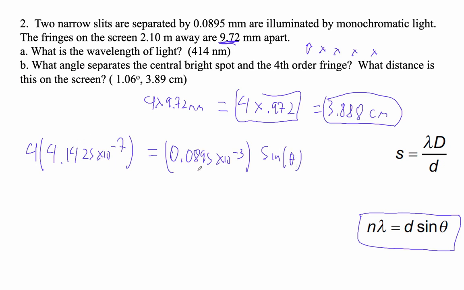So 4 times that guy divided by 0.0895 times 10 to the minus 3rd is that, and then I'm going to take the inverse sine of that. And I get that the angle is 1.06 degrees.